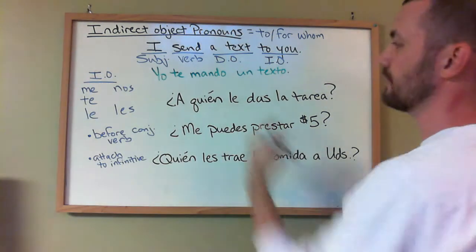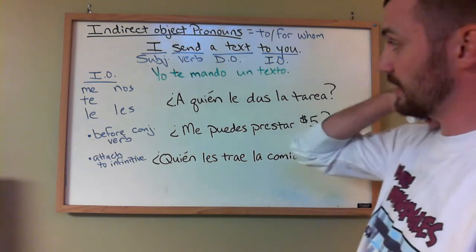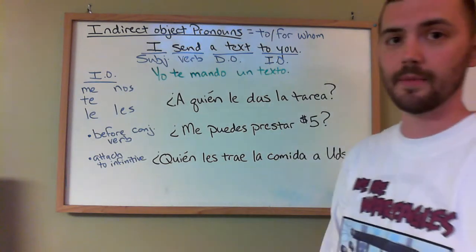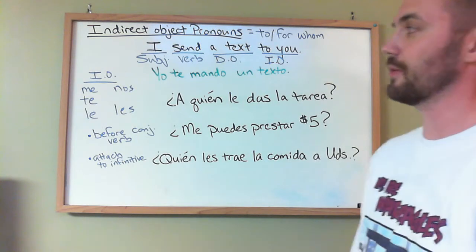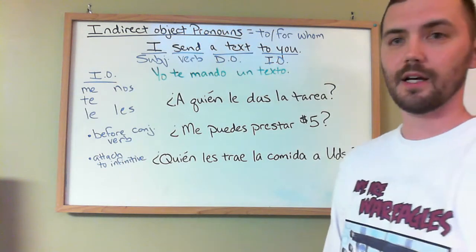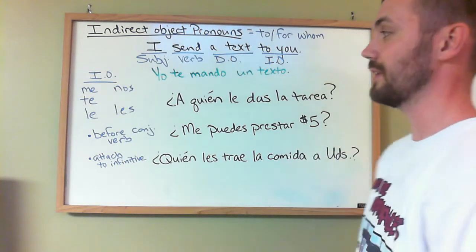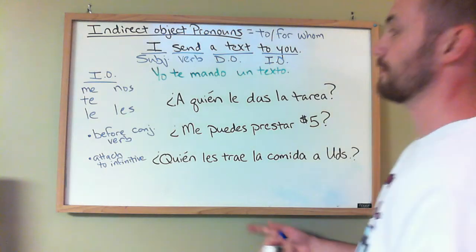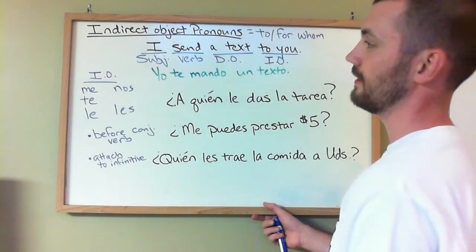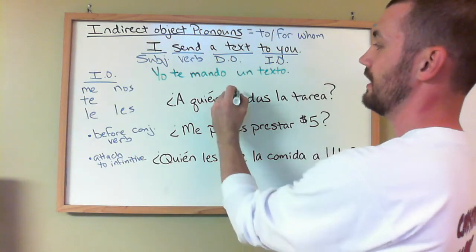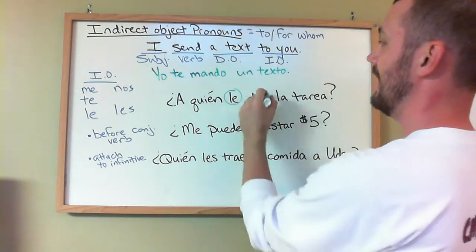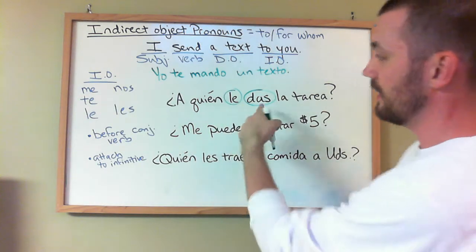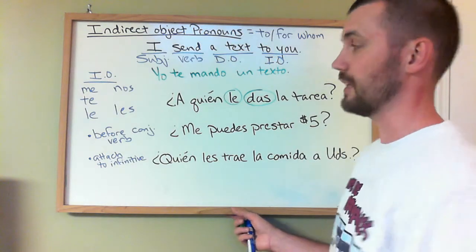Answering questions. The first question, ¿a quién le das la tarea? To whom do you give the homework? Now we're going to incorporate not only the subject, but also someone's name in the indirect object. We want to see how or if the indirect object pronoun changes, and how or if the subject of this verb is going to change.